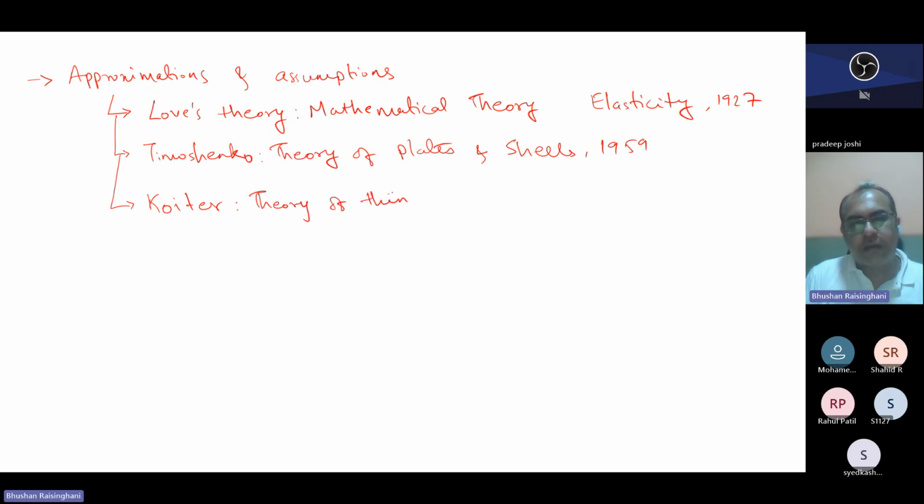So this is what we are interested in more because our labs are the thin shells, not the thick shells in general. Wherever the thick shells will come, we have to take it. Inelastic shells. This was in 1960.